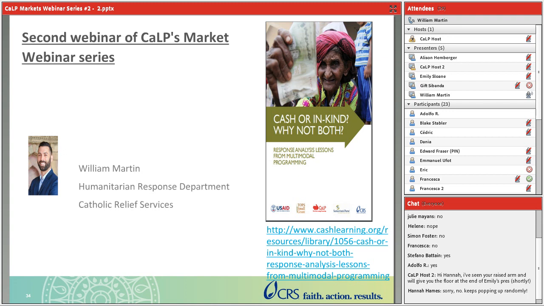The idea of this paper is not necessarily to be a technical paper or operational tool to decide which response would be appropriate for your context, but to see what plays into the analysis for the decision maker and how to articulate the nexus between the emergency context and response, with concrete examples of response analysis.